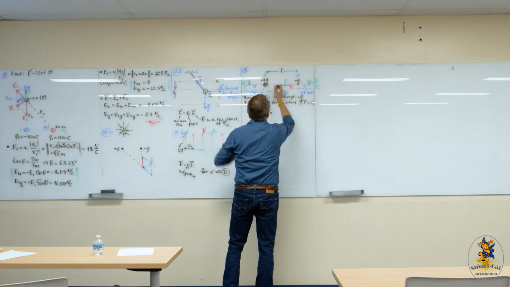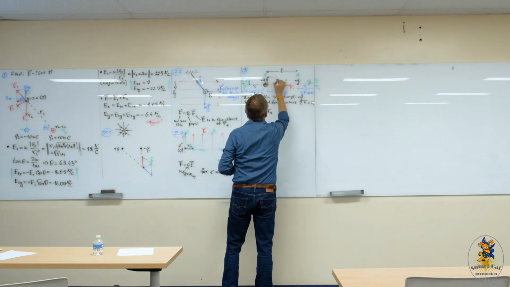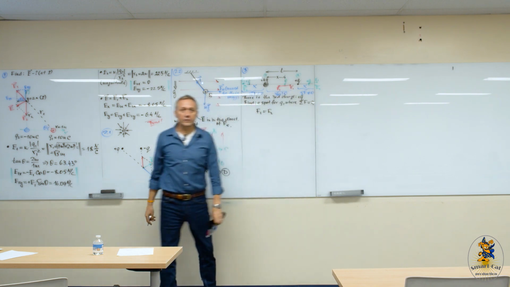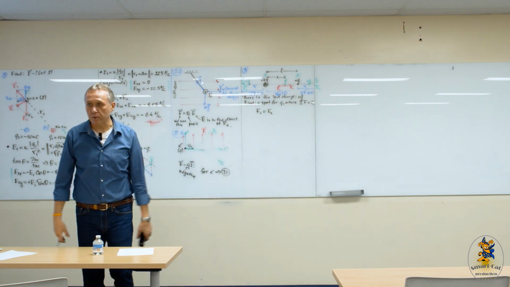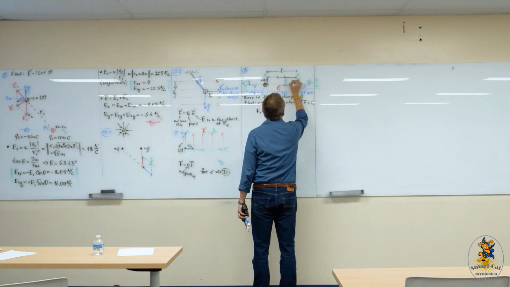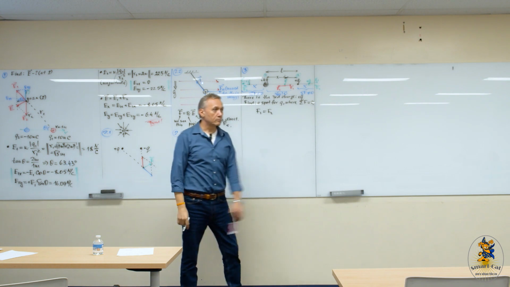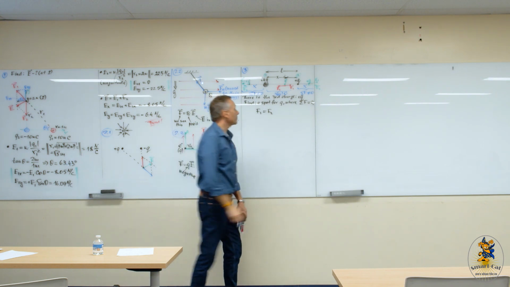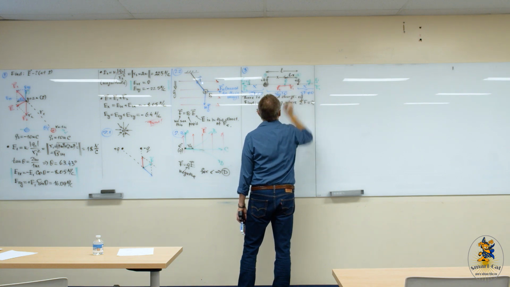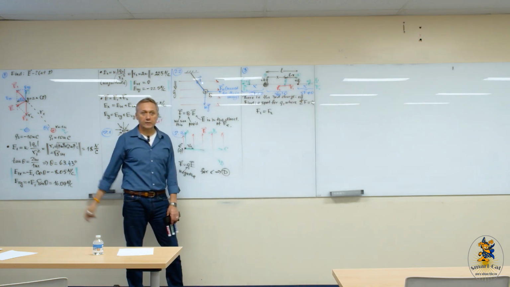We need to find the distance, so let's introduce this distance as x, between charge number 1 and charge number 3. And then what will be this distance? L minus x, of course. The whole distance is L, so this will be L minus x. Okay, so now we can write F1 and F2.